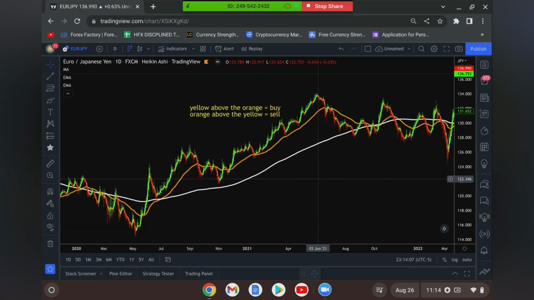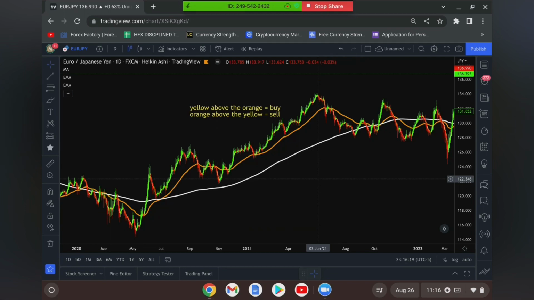Now, I did go over the regular simple moving average as well as the exponential moving average. And before I let you go, I just want to tell you a brief difference between the two. The primary difference between the exponential moving average and the simple moving average is just the sensitivity each one shows to changes in price movement.